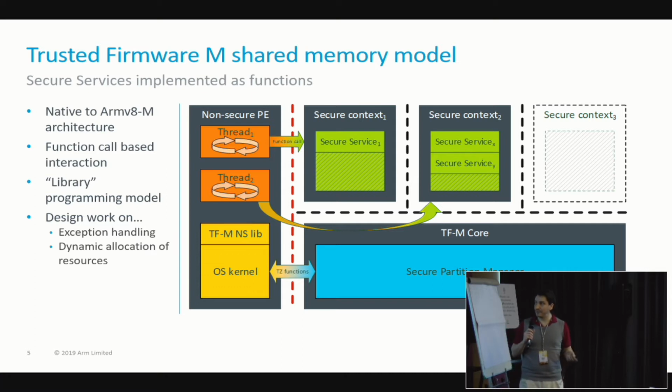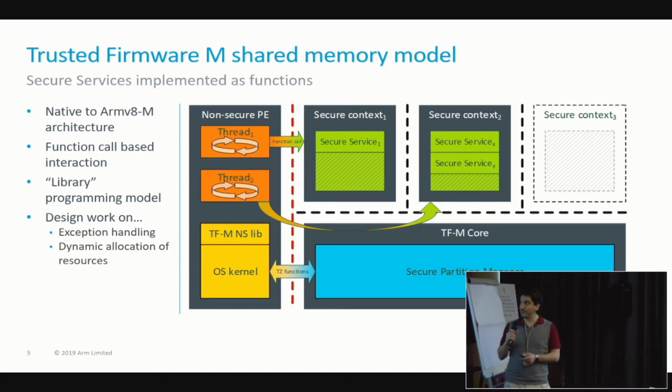So when, for example, thread 2 completes execution of secure services X, Y, and Z, and execution is returned to the non-secure side, then we can free secure context 2 and reuse that for subsequent calls later on. And we're looking at the ramifications of that.